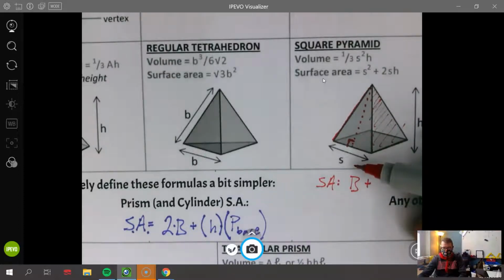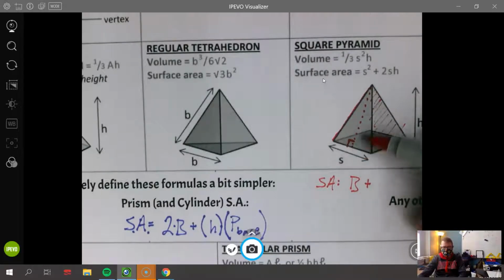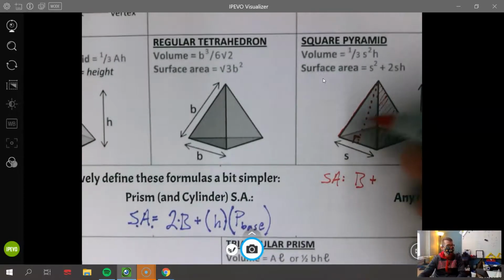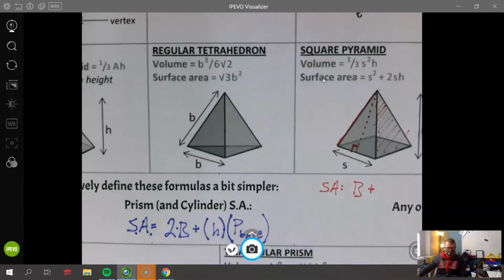I disagree with that. I normally use little b for a base edge. So if you want to use little b here, but be careful, when we go to solve these problems, you don't use the height and you don't use the edge of the pyramid. We have to use the slanted height. Any questions? I know I'm kind of driving into this a bit much.